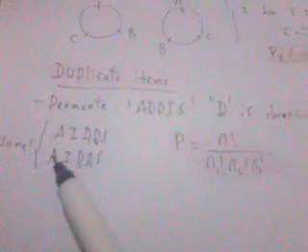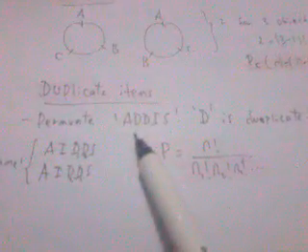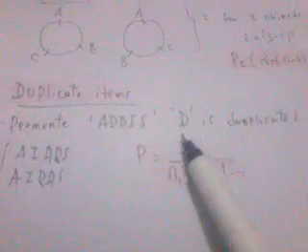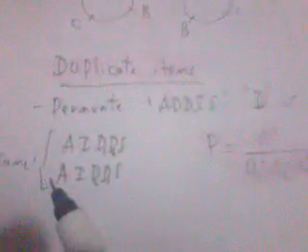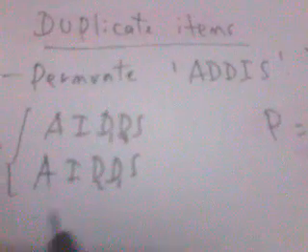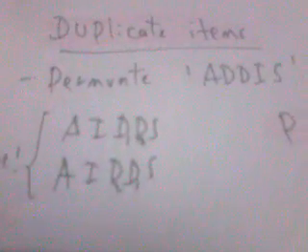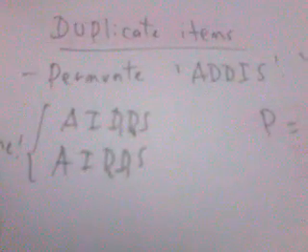Okay. And what if we have duplicate items inside the things we want to permute? Say if you want to permute my name, D is duplicated twice. If I say AIDDS and AIDDS again, except I exchanged the Ds, you see that it's just the same letters, so it can't work.